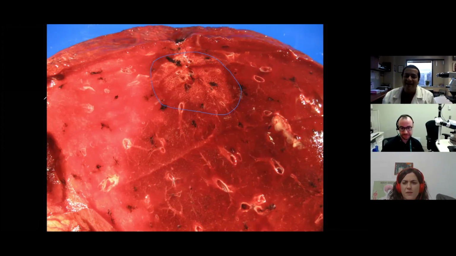Ground glass opacity. Yes, this patient was being followed in a smoking cessation low dose CT screening program, and was found to have a 1.1 centimeter ground glass opacity. When this ground glass opacity was resected, which it has been here, it was very difficult to see, but could be palpated.